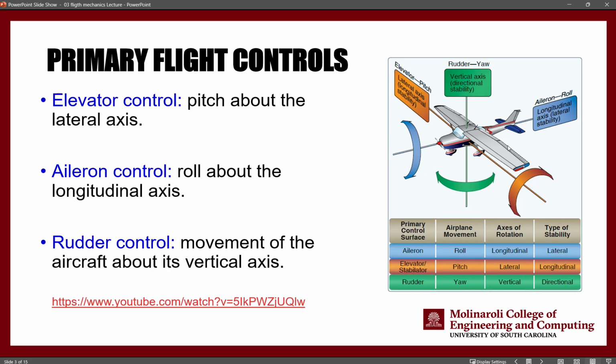The ailerons are located right here at the ends of the wings, and they move in the opposite direction. And we will talk about the mechanism of how they actually cause the roll in an aircraft in a second. And the rudders are located on the tail of the aircraft right here, as you can see, and they are in charge of this type of movement, so essentially movement around this green axis.